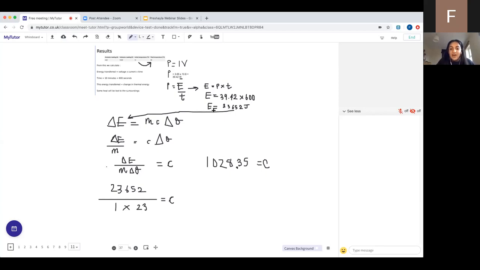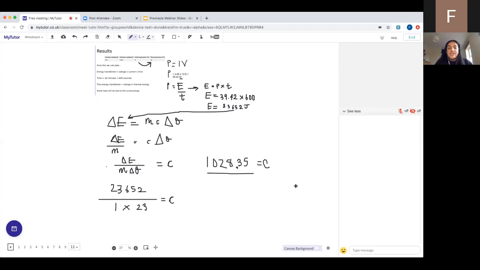So we take our energy value, 23652, we divide it by the mass times the change in temperature. Our mass is just 1 kilogram because it's a 1 kilogram block, and our change in temperature is 23 from the results table. Dividing all that through gives us our final answer of the specific heat capacity, which is 1028.